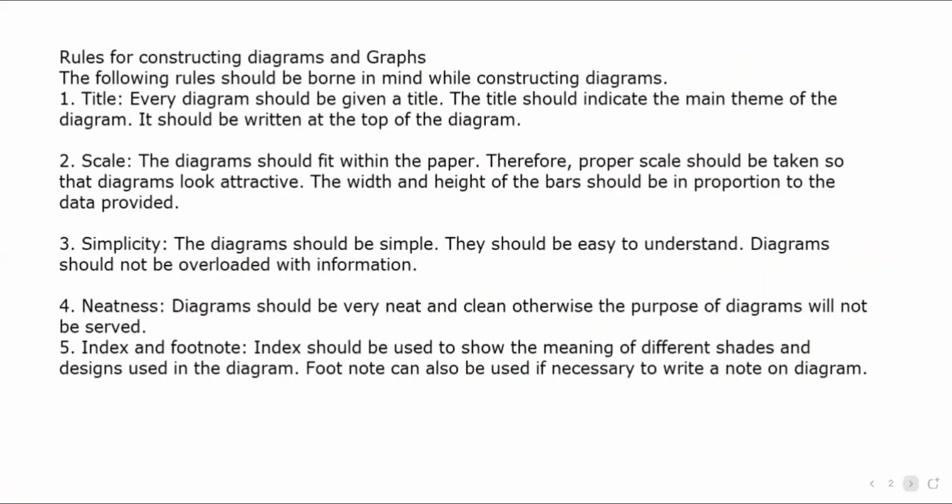Then we have certain rules while constructing diagrams and graphs, right? So what are those rules? The first rule is the title. Every diagram should be given a title.